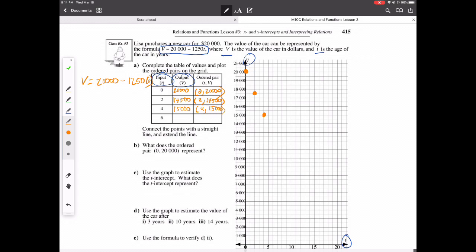And the last point that it wants us to graph out here is going to be 6. When I replace 6, it's going to be 12,500. And I'm going to graph that point right here. When I connect the points and stretch them out, I'm going to try and do this as accurately as I can.